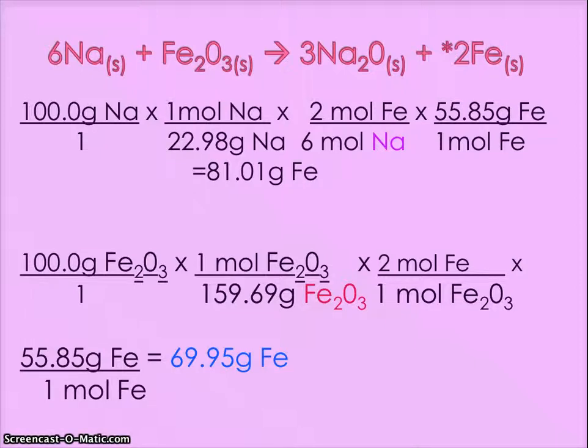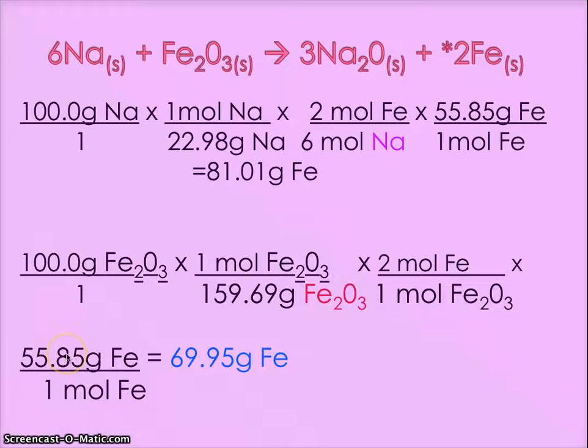For the first step, we have the 100.0 grams of sodium. We multiply that by sodium's molar mass, which is 1 mole over 22.98 grams. Next, we multiply that by the mole-to-mole ratio of iron to sodium, which is 2 to 6.